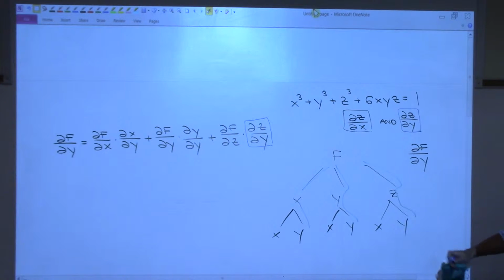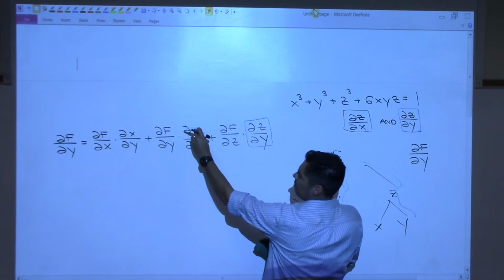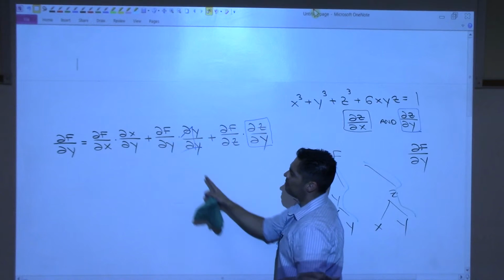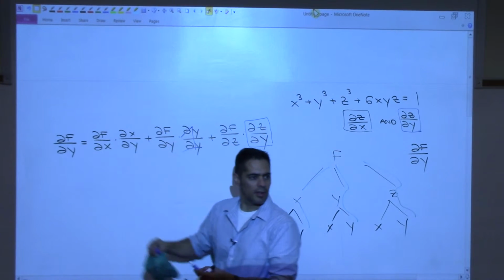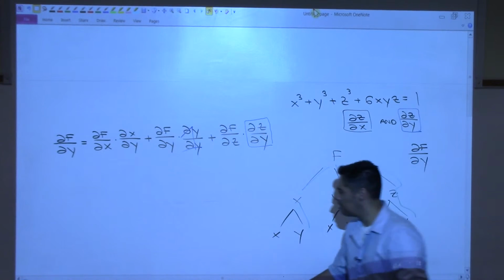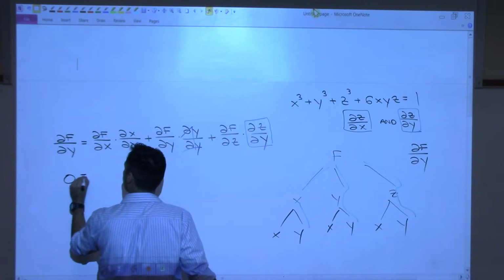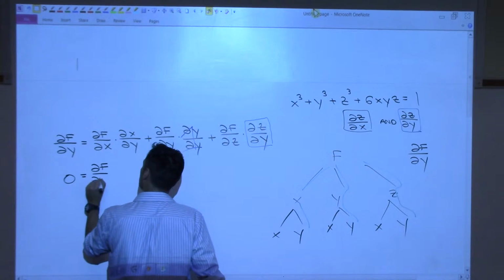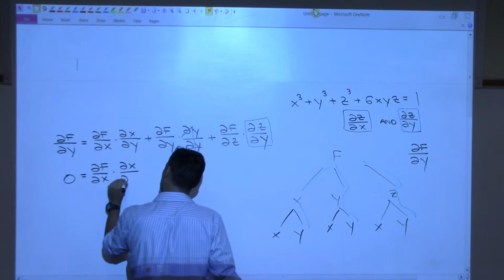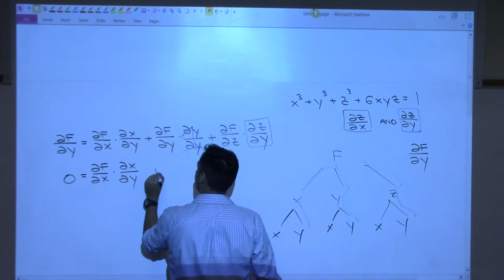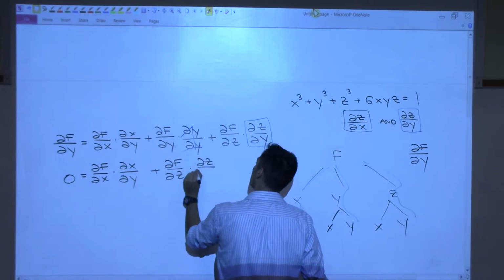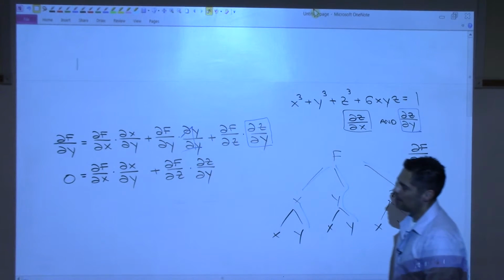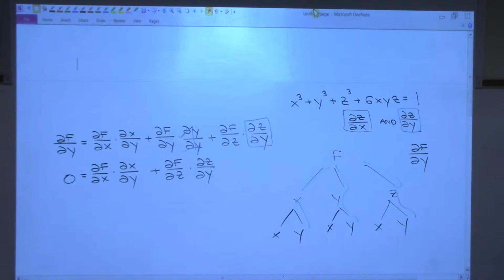This right here is a 1. And when I subtract this on both sides, I get 0 again, very similar to what just happened a second ago. So 0 equals partial f with respect to x times partial x with respect to y plus partial f with respect to z times partial z with respect to y. And then move things around and solve again, and you should get a formula.